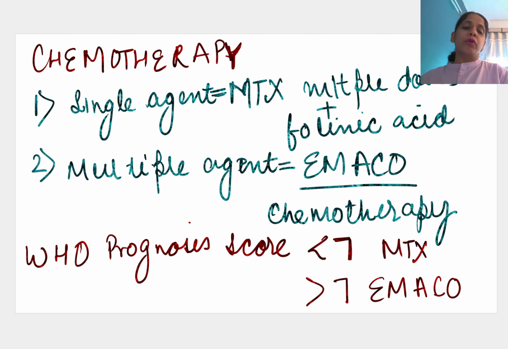If score is less than 7, then multiple doses of methotrexate. This is the same methotrexate we give in ectopic pregnancy, but there we give only a single shot. Here we have to give multiple doses: single agent methotrexate, multiple doses.